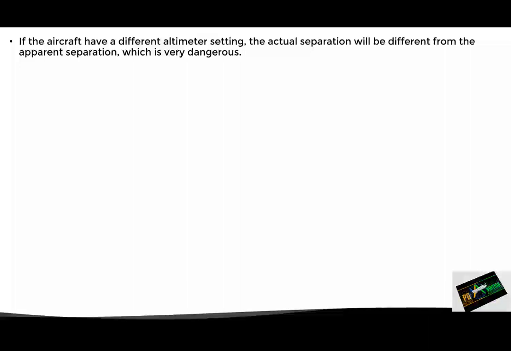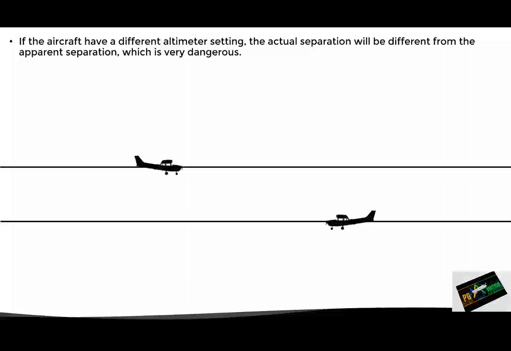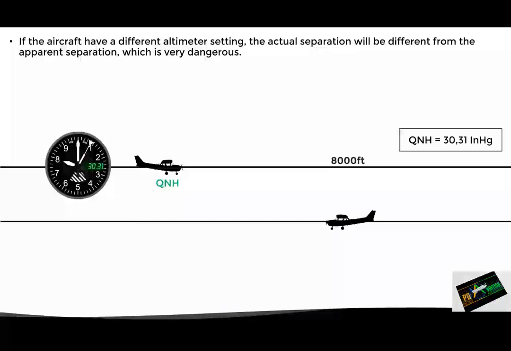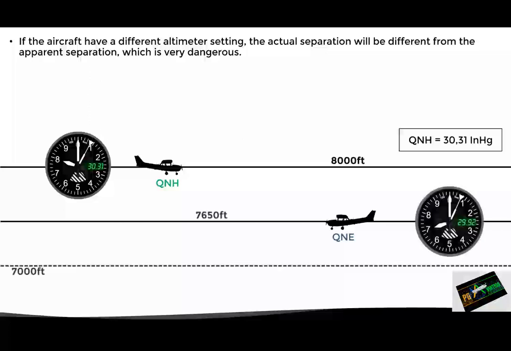Let's see this through an example. Suppose we have the same situation here, and the local QNH is 30.31 inches of mercury. The aircraft on the left is using the local QNH of 30.31, but the aircraft on the right is using QNE instead of QNH. Apparently, if both aircraft report their altitude, their separation would be 1,000 feet.